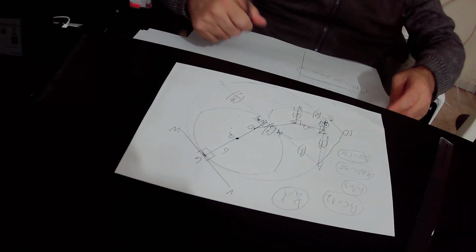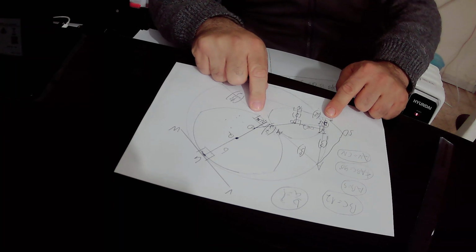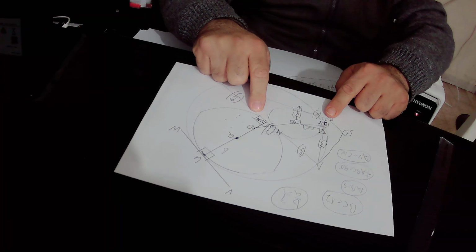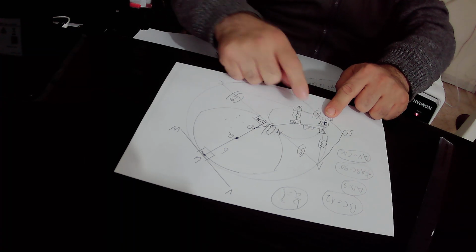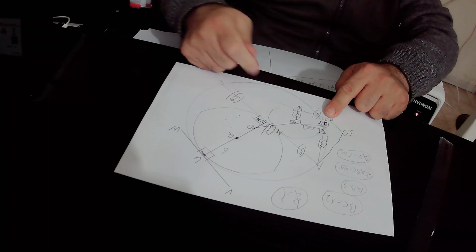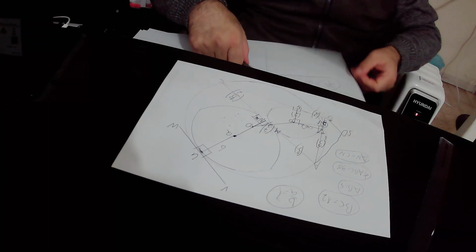What is the definition of the straight line OS? The straight line OS starts from point O, that is the center of the biggest circle, and ends at point S, that is the point on the biggest circle itself. This is exactly the definition of a radius. So OS is the radius of the biggest circle, that is equal to X.